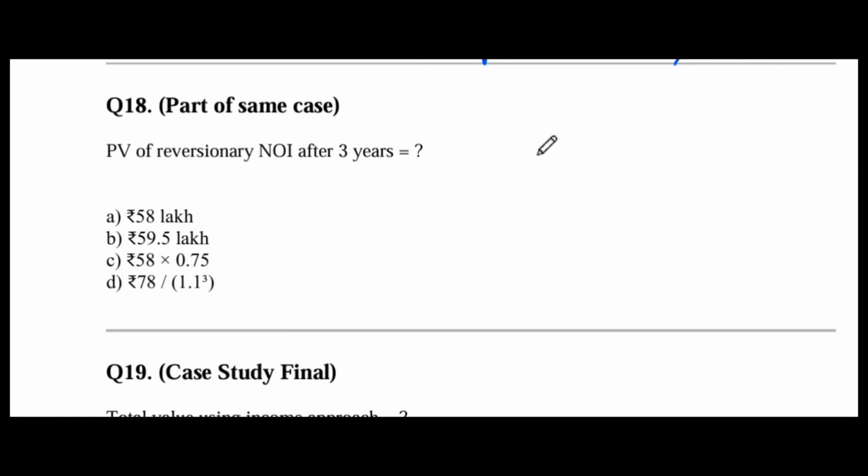So the question is PV of reversionary NOI after 3 years. Present value is asking. How can we get a value right now? Anticipating the future value, that is what discount value. I will take a separate session on compound interest.